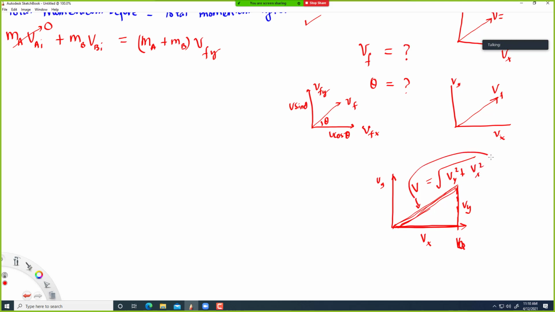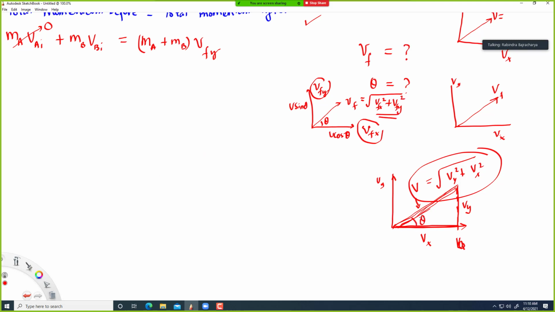Okay. So, if you can find this one and this one, then their resultant would be, using the Pythagorean theorem, Vfx squared plus Vfy squared. Okay, that will give you that. And how do you find the angle?